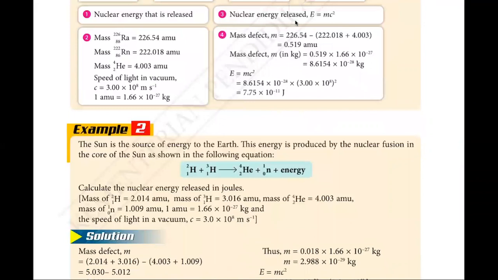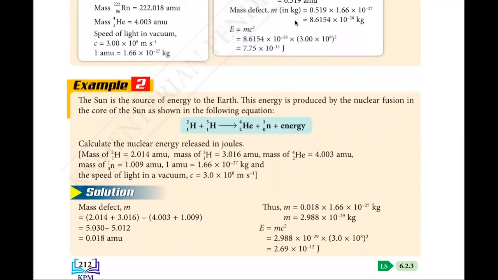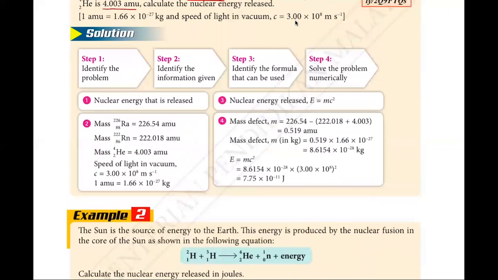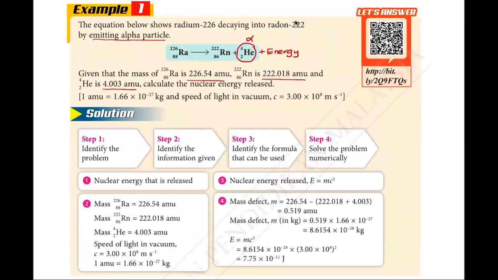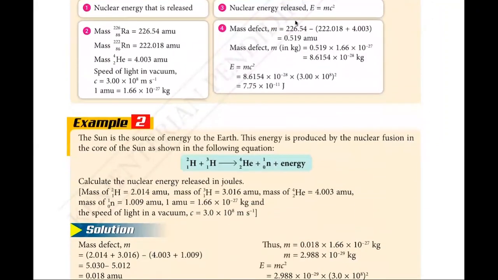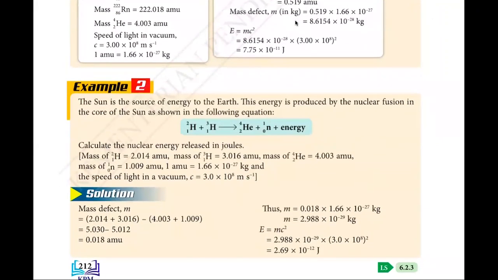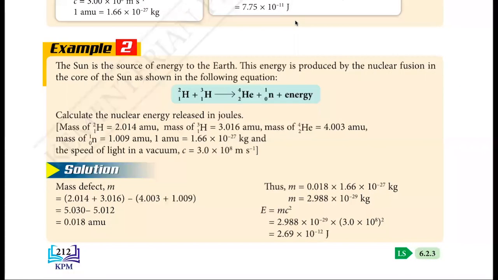So far in this one, it does not ask for electron volt, just like the one that we have discussed just now. Okay, that one, example number 1 is for fission. Example number 2 involves fusion. Same thing, just add and subtract. Find the mass defect first.